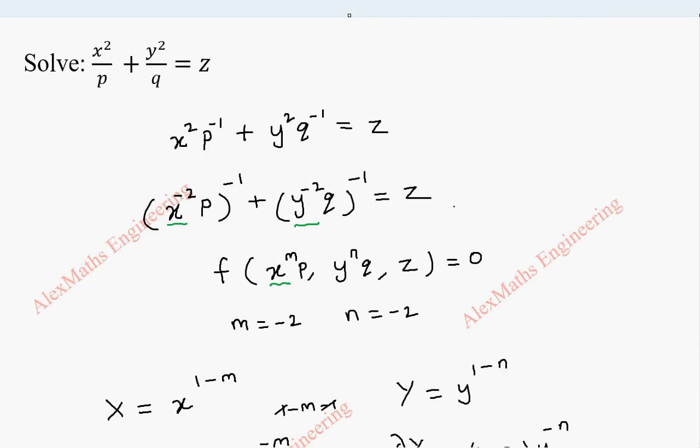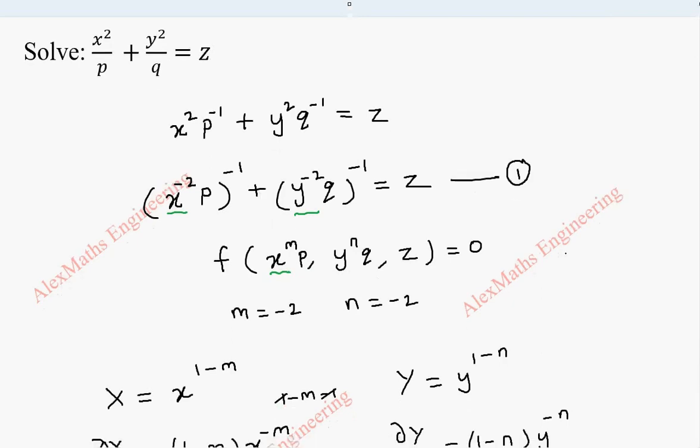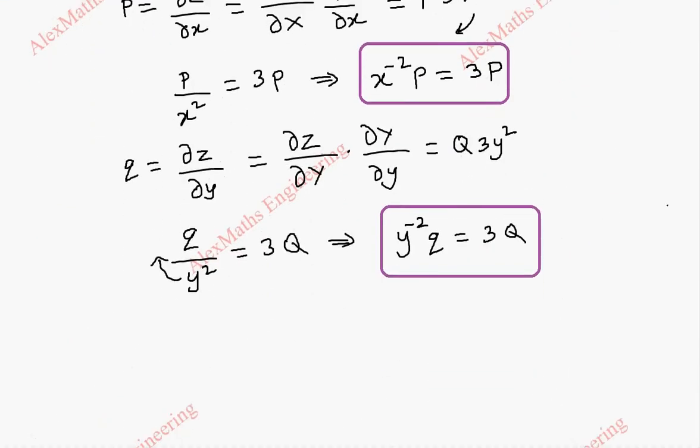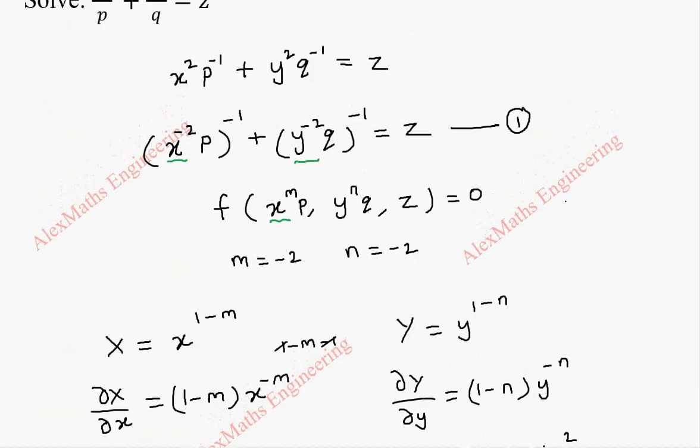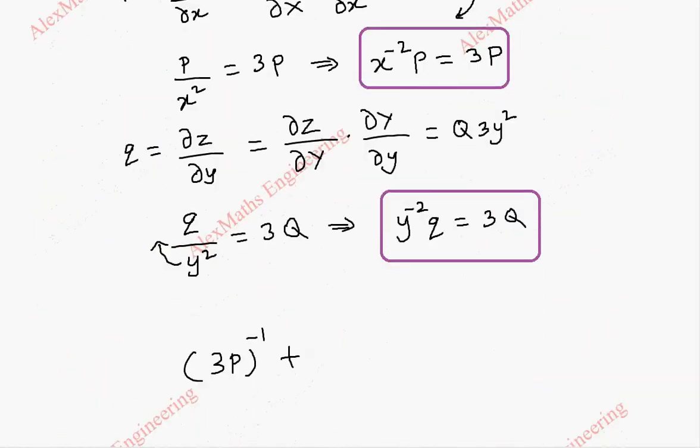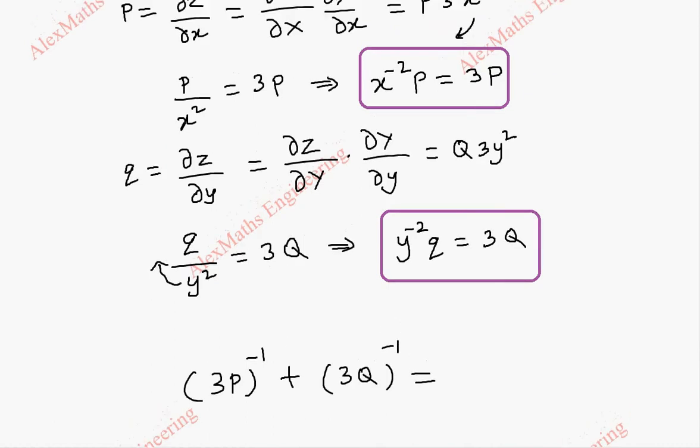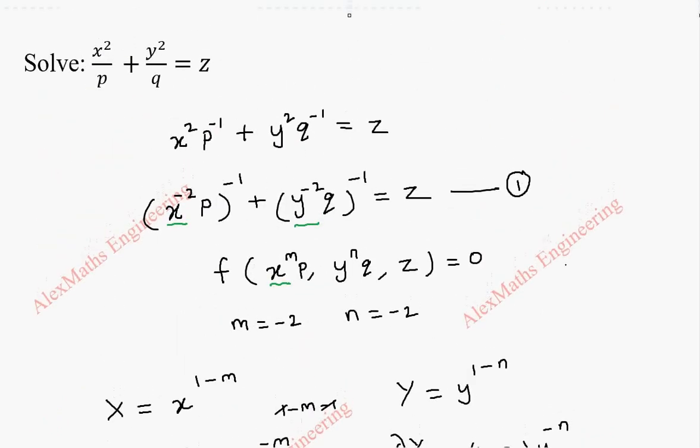Equation 1 is the rearranged form. So we have (x power minus 2 into p) whole power minus 1, but x power minus 2 into p is 3P. So this is (3P) whole power minus 1 plus the second term, again we have (y power minus 2 into q) whole power minus 1, which is (3Q) whole power minus 1, and on the other side we have z.